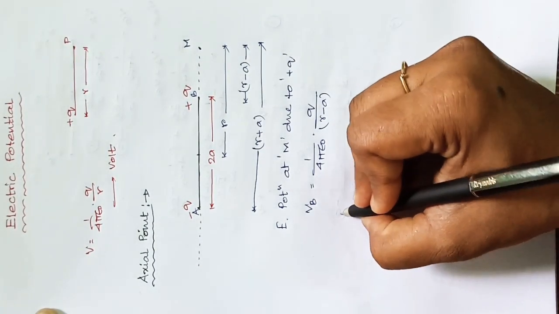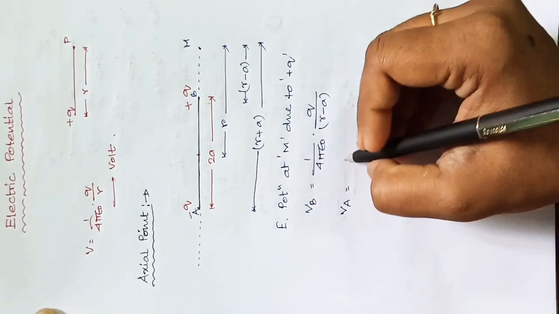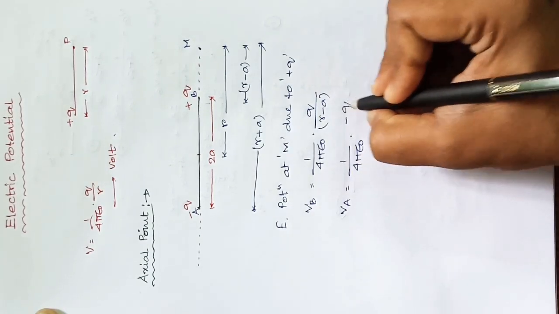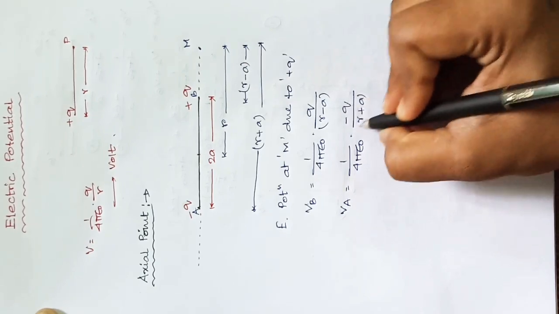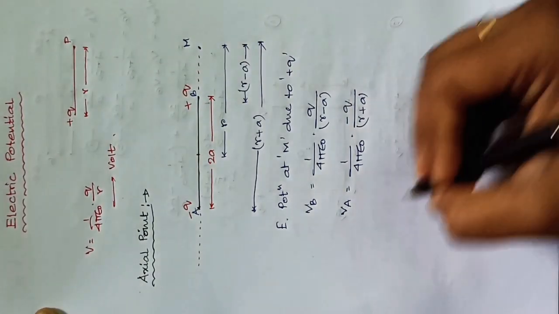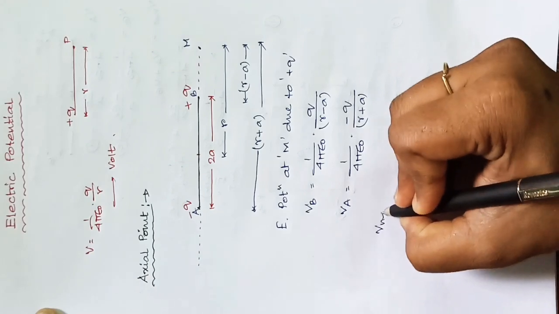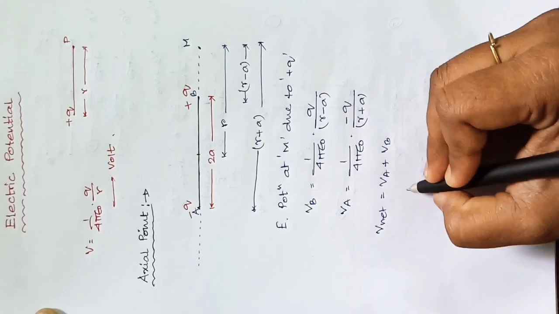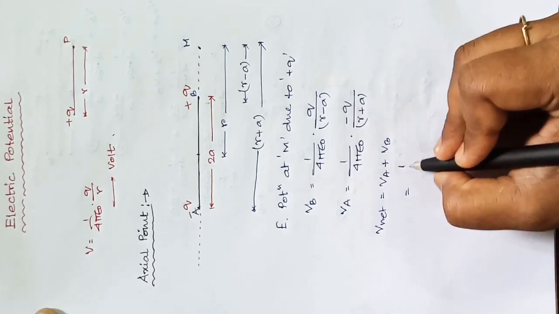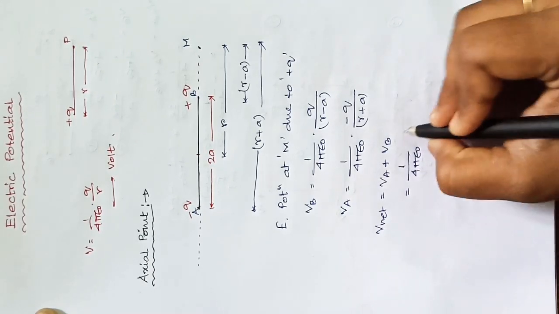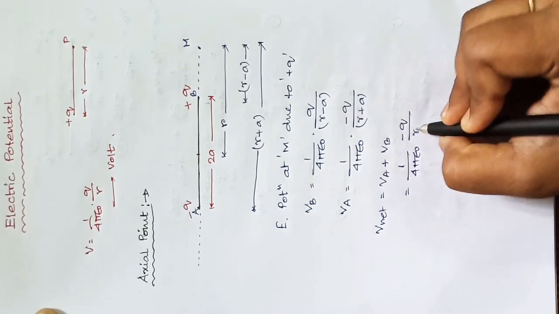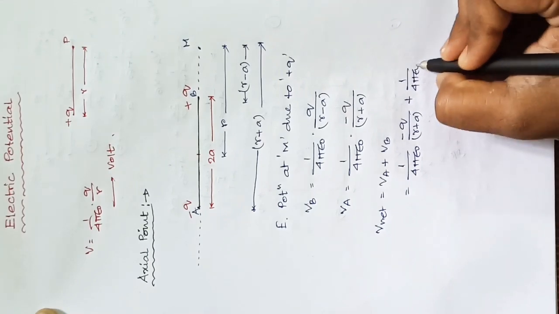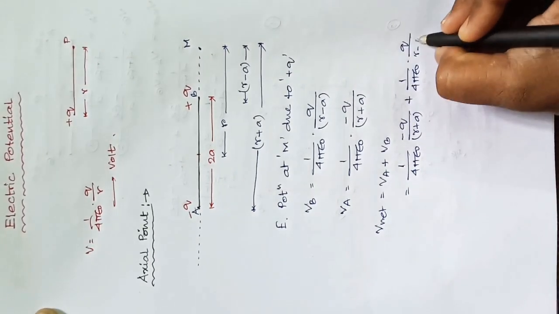Similarly, VA due to this minus Q charge will be 1 by 4 pi epsilon naught minus Q by r plus a. As these are two scalar quantities, the net potential V net we will write simply by adding VA plus VB. So we will have 1 by 4 pi epsilon 0 minus Q by r plus a plus 1 by 4 pi epsilon 0 Q by r minus a.